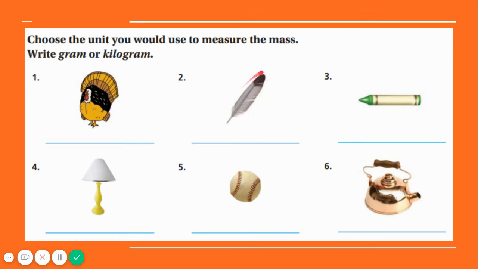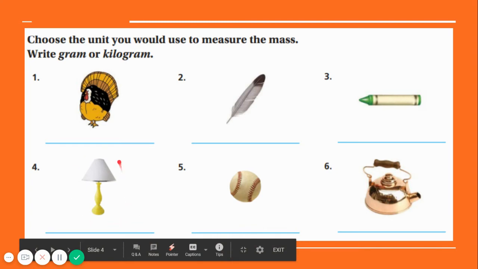Feathers are very light, so we would measure it with a gram. How about a crayon? One single crayon. If we had a box of crayons or multiple crayons, we might look at kilograms, but I think for one single crayon, a gram would be our best measurement. A lamp? Usually they have very heavy bases, so probably kilogram.